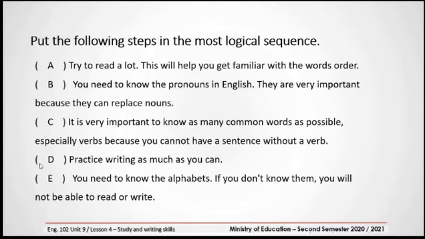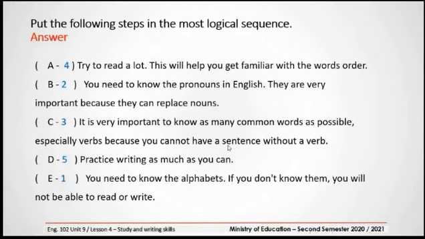All right. Now, I'll share with you my logical sequence and see if you can agree or disagree. All right, I'll show you now. So, the first one, in my opinion, again, this is my opinion, all right?